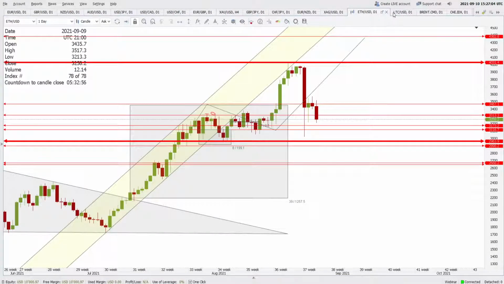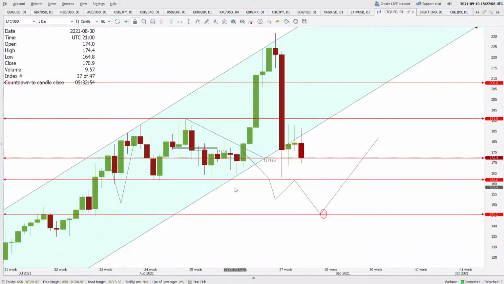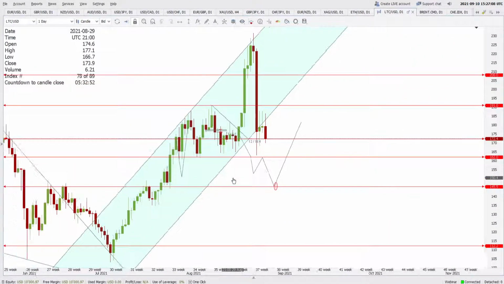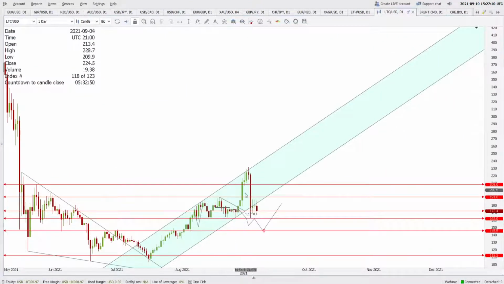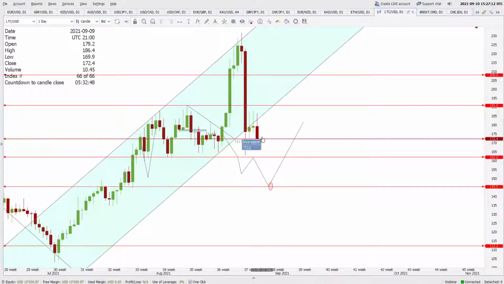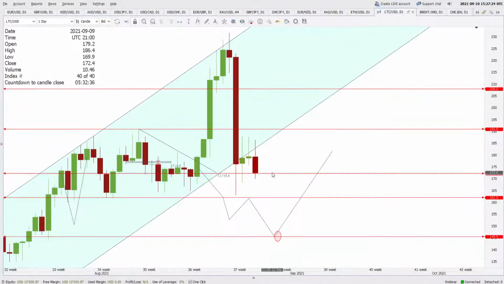All right, Litecoin broke below the rising channel support line and now is finding resistance at that support line. So it is now crushed between the two prices, that is 191 and 172, and also on the way there is dynamic resistance being offered by this rising channel support line.